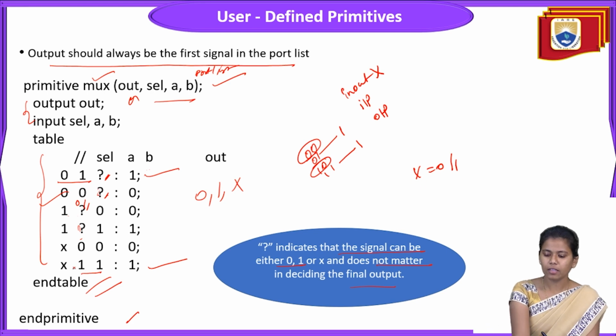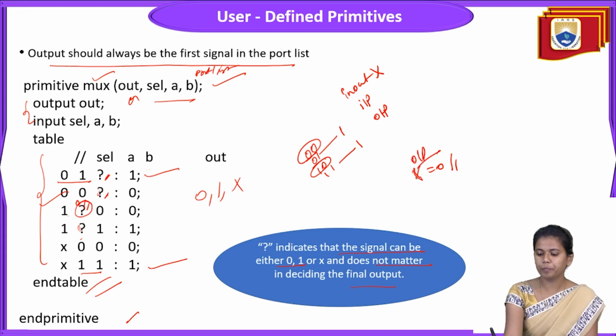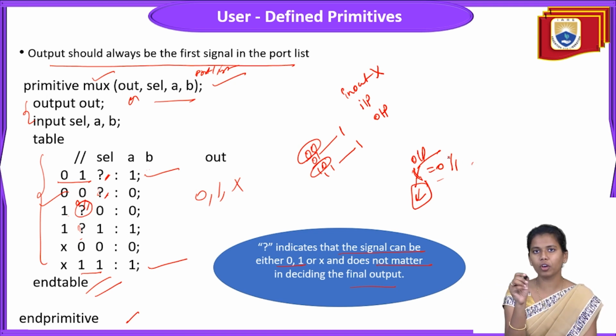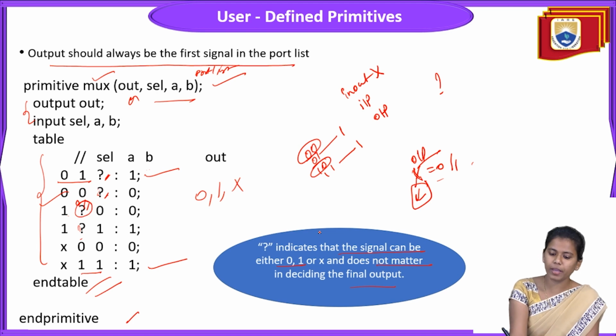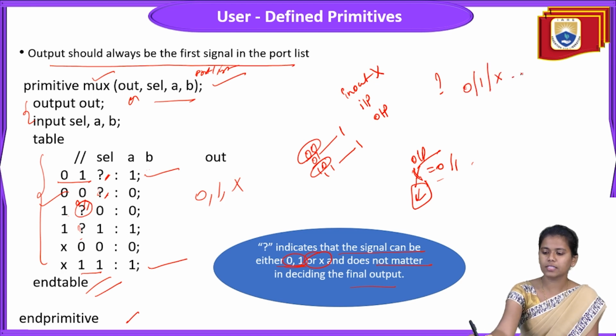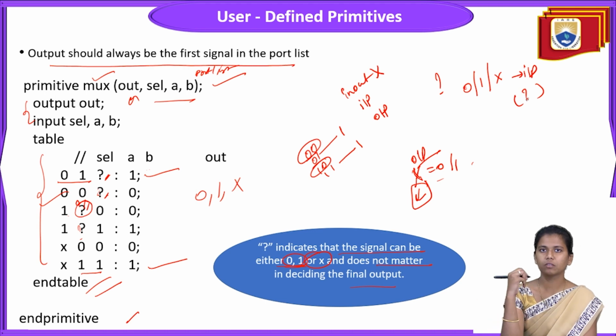And here the question mark is indicating the output. If you are considering an output and you get any X, then it could be either 0 or 1. But at the input side, if you observe a question mark, it indicates that it could be 0, 1 or X. We represent it with the question mark.